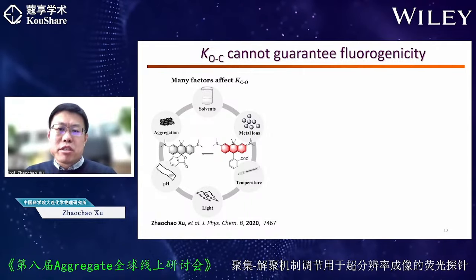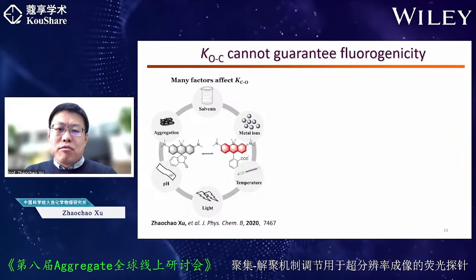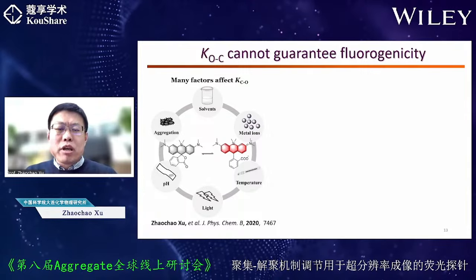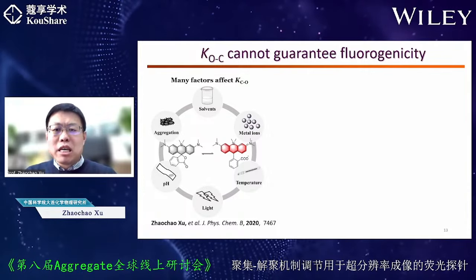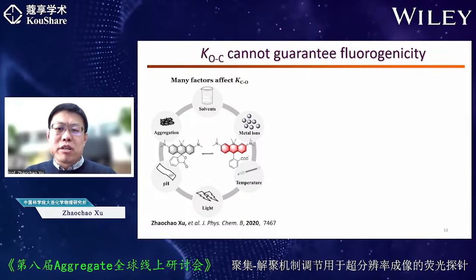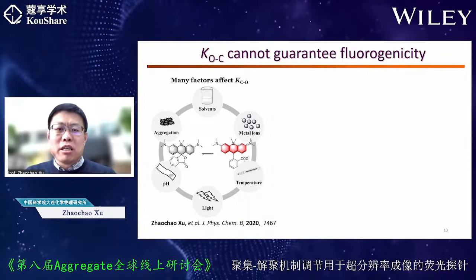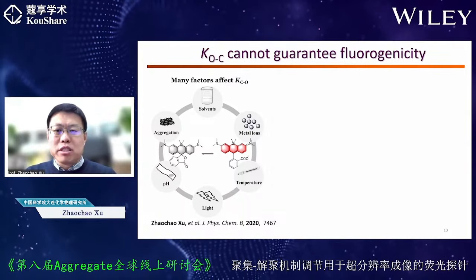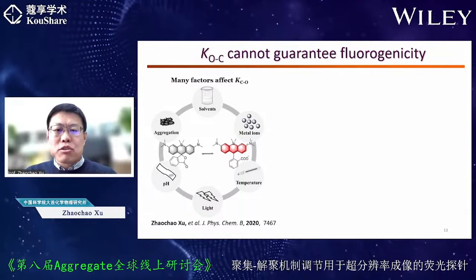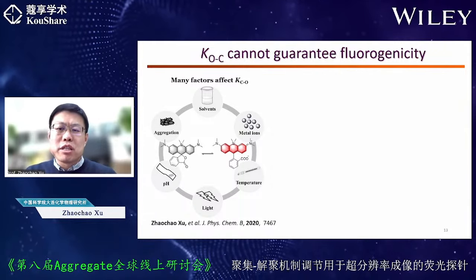Our research several years ago found that the spiral ring switch of silicon rhodamine is influenced by various external stimuli, including the aggregation and disaggregation process, external hydrogen bonding changes, and more.